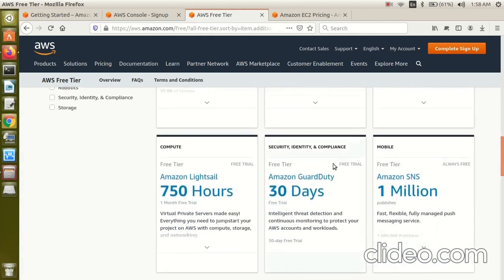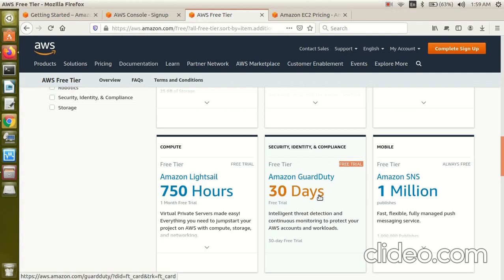And over here, Amazon GuardDuty is another AWS service which falls under the category of free trial service that we can use and test for a period of 30 days. So we are getting a free trial of 30 days in which we can use the GuardDuty service, which is one of the cloud security services, and explore it.